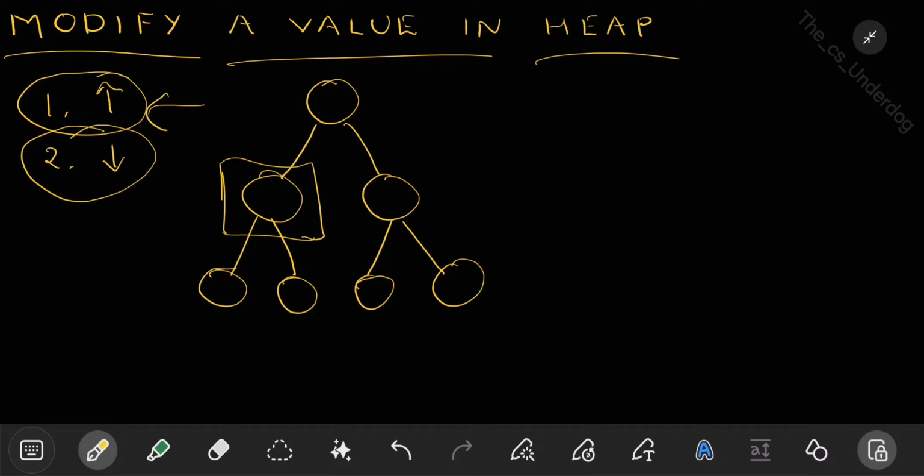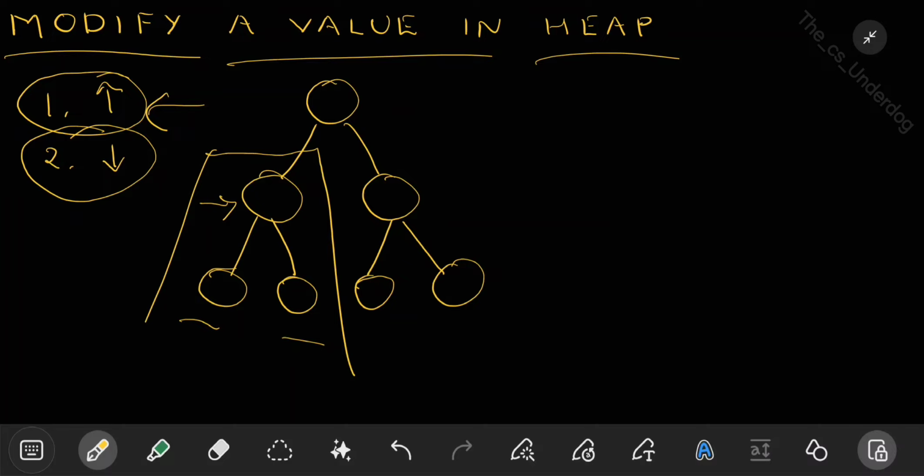In the first case, you increase the value of this node, which means you are sure that the subtree is surely following the heap property even after you modify it. Why is that? Because heap property says that the parent should have a value larger than its children, and even before you modified, parent was already larger than the children.